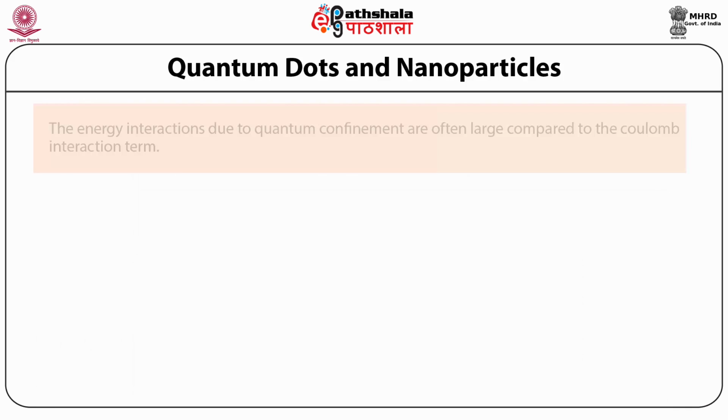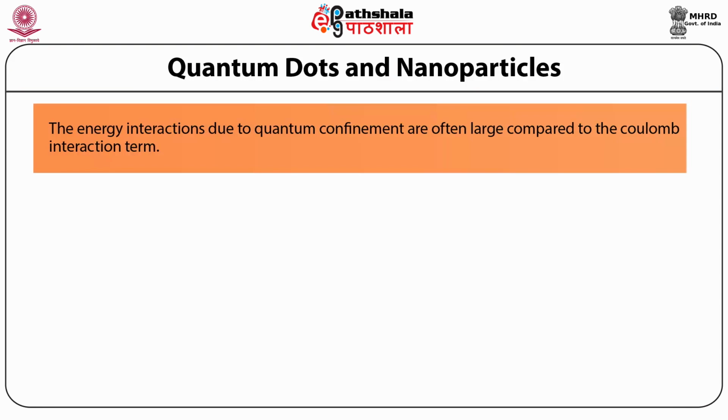The energy interactions due to quantum confinement are often large compared to the Coulomb interaction terms. Furthermore, the dimensionality may not permit the electrons and holes to be stabilized at a preferred length within the Coulombic potential, and excitons may not be formed.